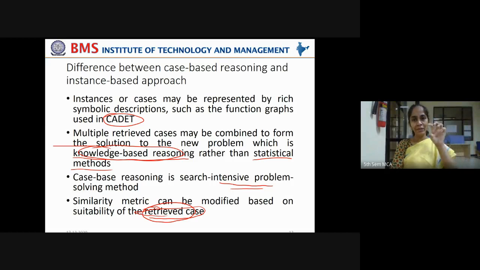Whether the retrieved case, the existing case, is suiting your current problem, if at all it is not suiting, this can be modified in order to suit the current problem by combining some other solutions. Right? So such modifications can be made to put the similarity metric in place.